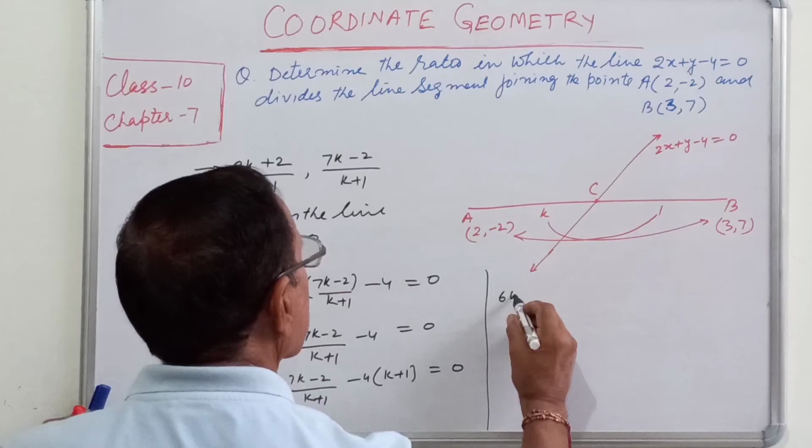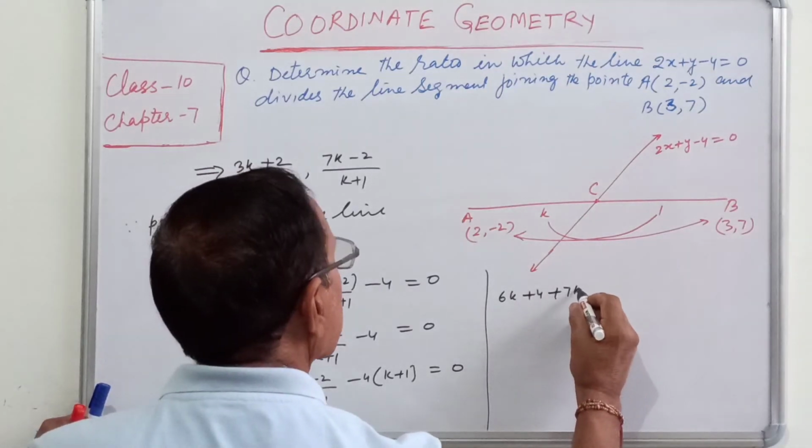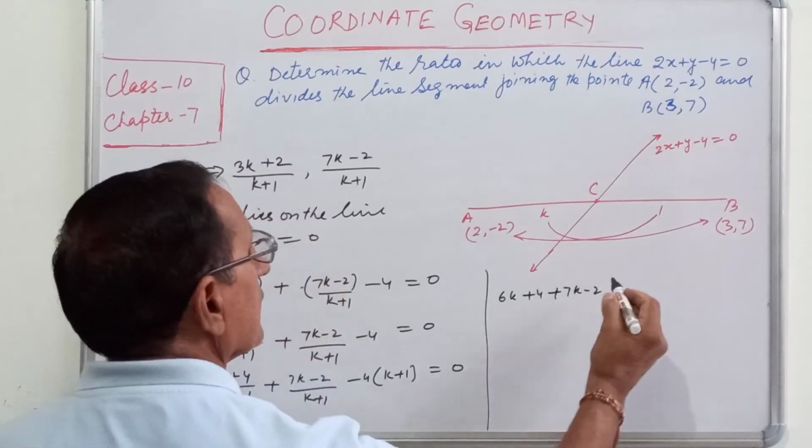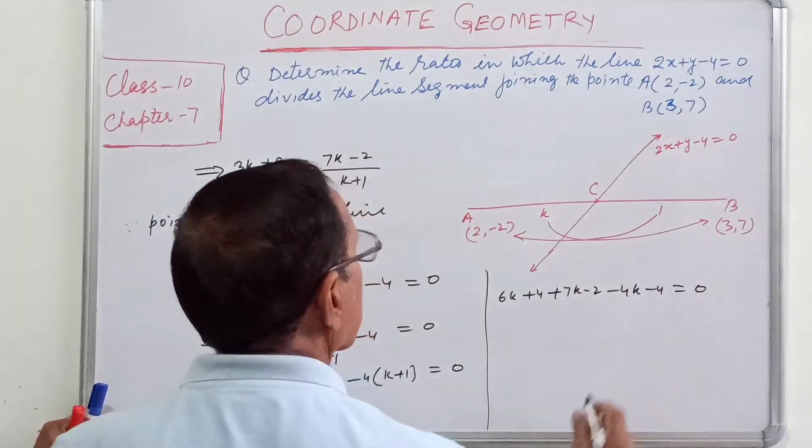So 6k plus 4, 7k minus 2, so minus 4k minus 4 is equal to 0.